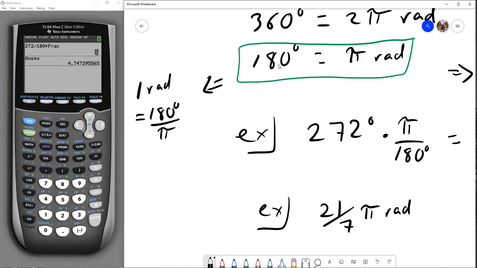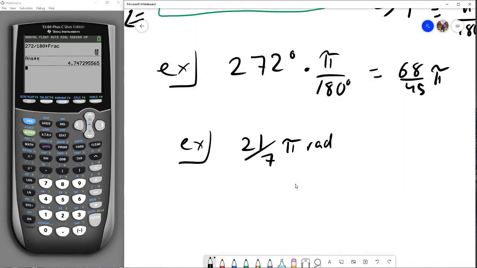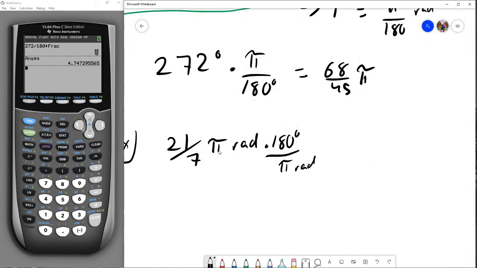So if we divide both sides by pi, that's going to tell us how to handle this. So we're going to multiply this by 180 degrees per pi rad, and that's going to cancel these out. So then we get 21 times 180 over 7.